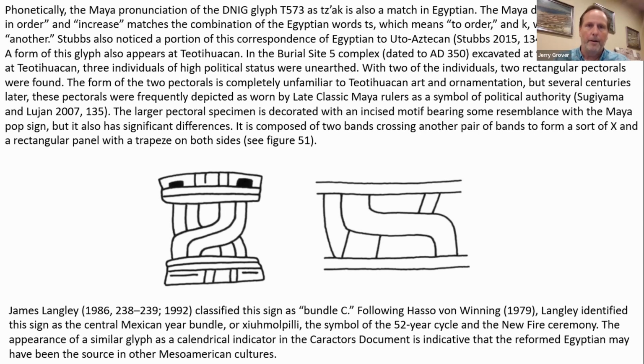Interestingly, Stubbs didn't notice the glyph forms, but Brian noticed that this particular word in Egyptian correlated into the Judeo-Aztecan. So it's pretty sure it was incorporated into the Nephite language.